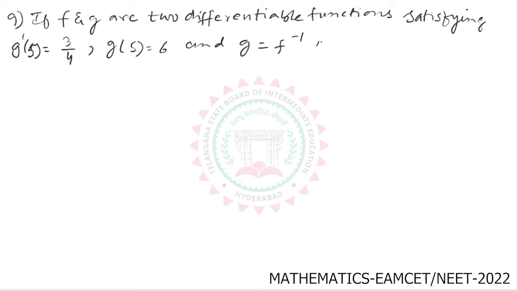Then f dash of x is equal to, the options are: first option is 1 by 2, second option is 1 by 6, third option is 2 by 3, fourth option is 4 by 3.